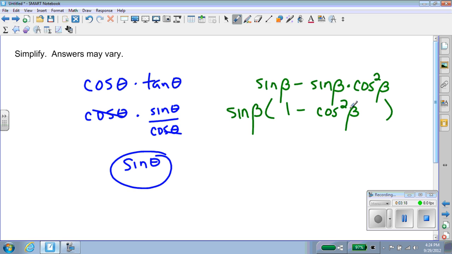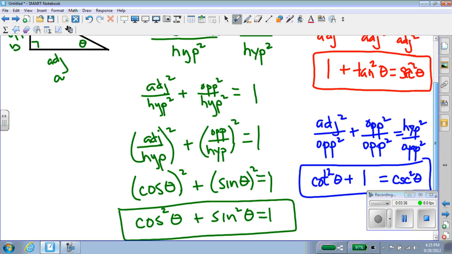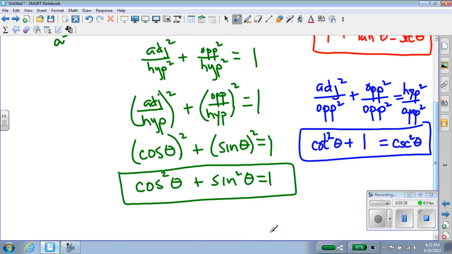Now you might say that didn't make your life any easier, but based on experience, I know that it has, because 1 minus cosine squared beta is a piece of a Pythagorean identity. Let's go back and look for it. 1 minus cosine squared theta is sine squared theta.